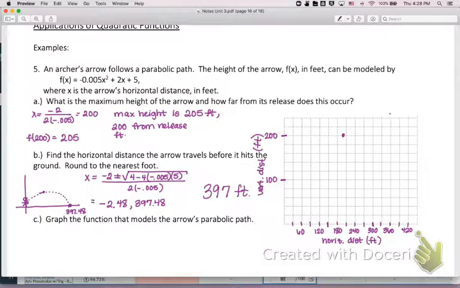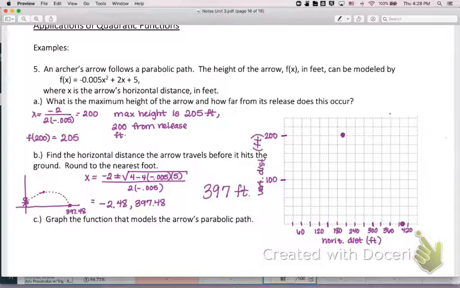This is just a rough sketch, so it might be something about there. We know that it hits the ground at 397, so that's 390. 397 might be somewhere right here on the x-axis. And then we know that we have an x-intercept that's negative.